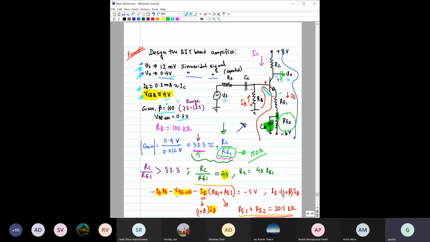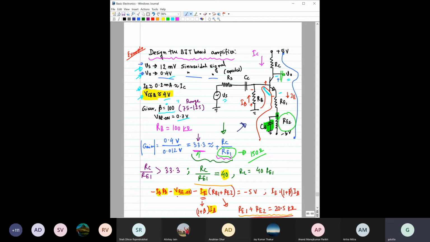So with this example, you have got some understanding. If a design related problem is given to you, you should be able to come up with the transistor values so that you can design your amplifier to achieve a particular gain, right?